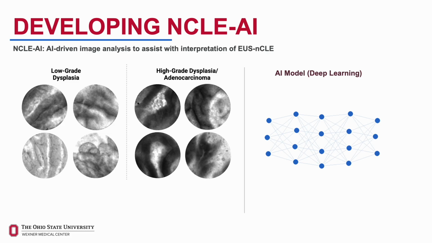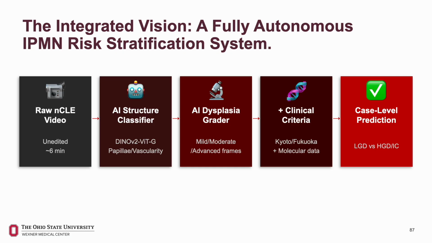To address and overcome these challenges, we developed NCD-AI, a deep learning model trained on EUS endomicroscopy for the detection of advanced neoplasia in IPMNs. Our aim was to streamline the process of AI risk assessment of IPMNs by combining endomicroscopy and other possible clinical variables.